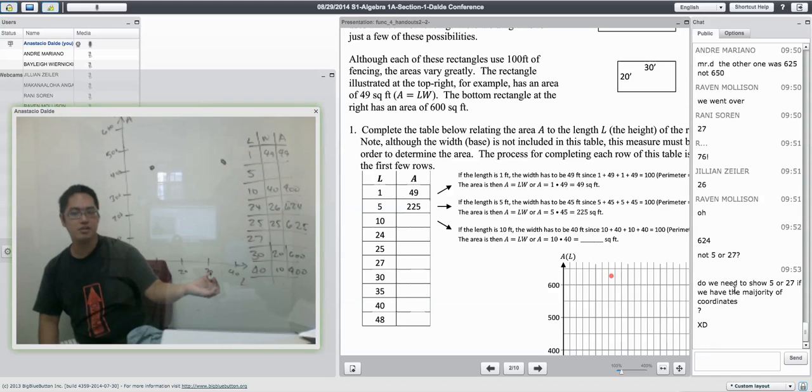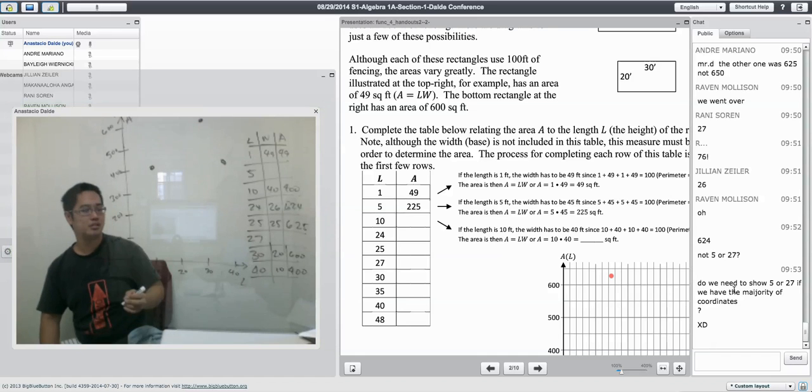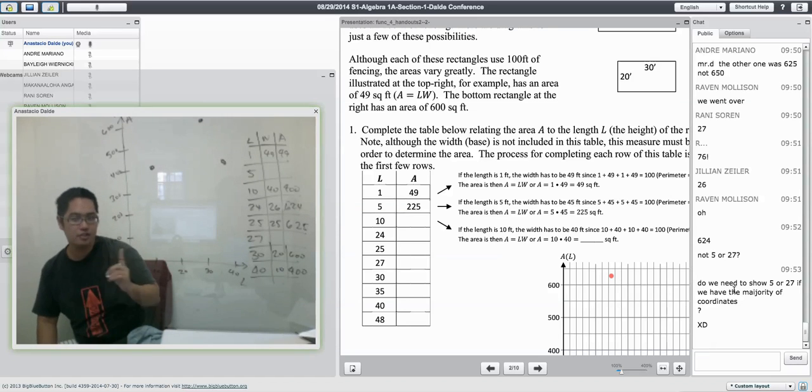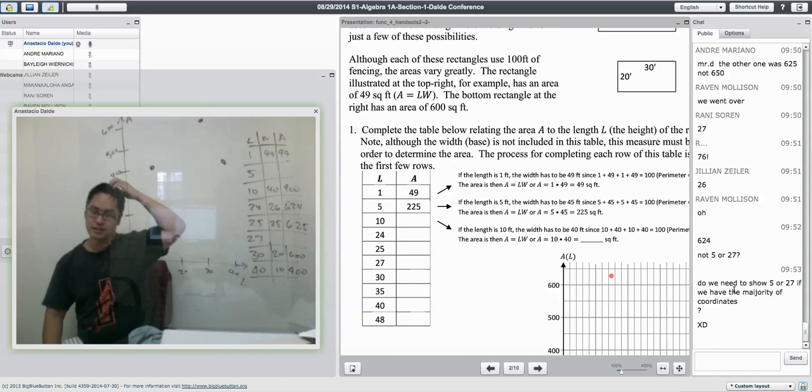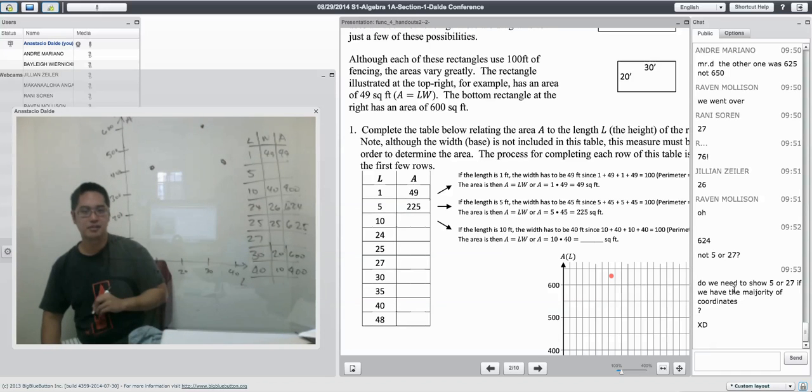At L equals 30, this graph equals 600. Would you like to take a guess at, if L equals 20, what is this graph going to be? At L equals 20, what is this A going to be?